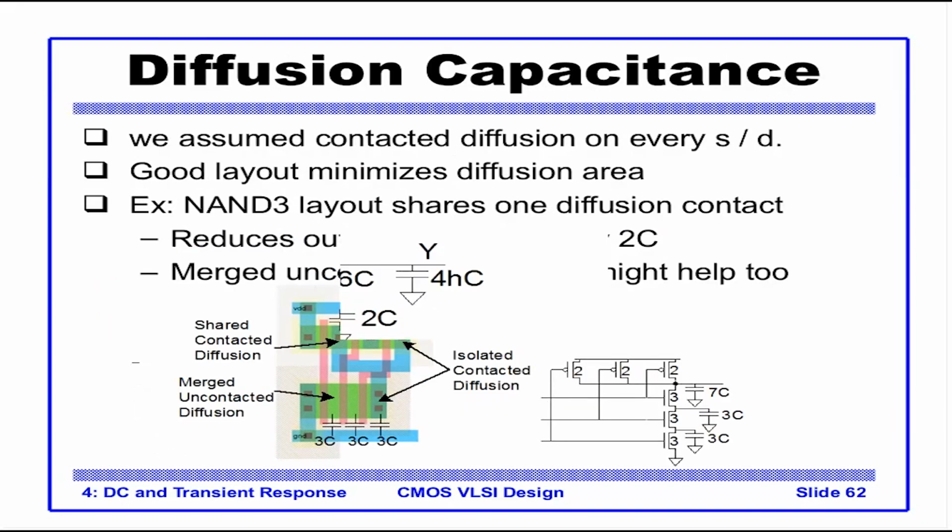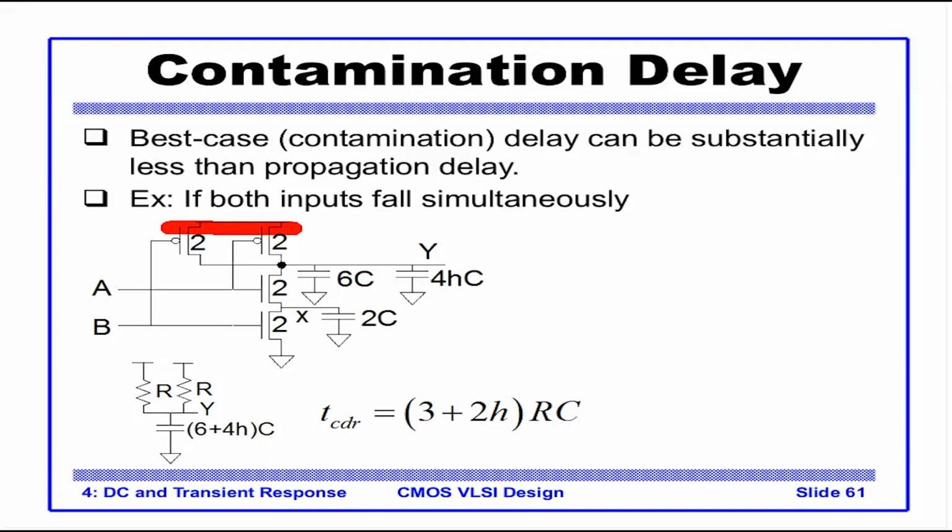Now, whenever the timing is calculated for the standard cells while preparing the library, this contamination delay is usually not taken into picture. Why? Because the probability of all the inputs of a multi-input gate falling together is very low. But we know this to be a dangerous case, and we tackle this in other ways, but we do not take into account the delay part.